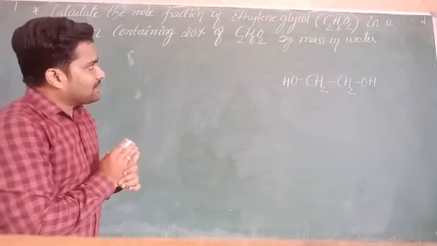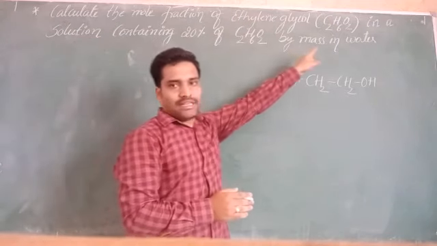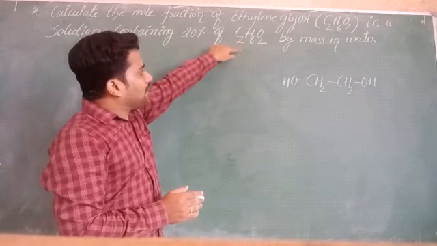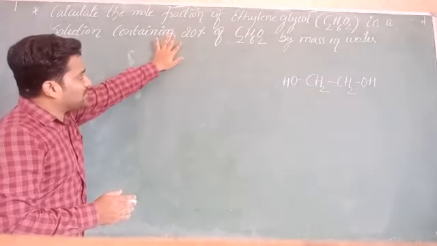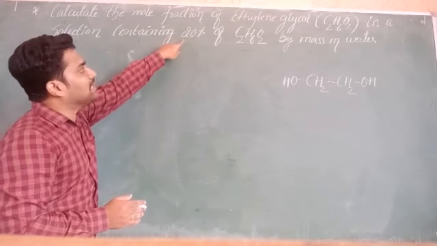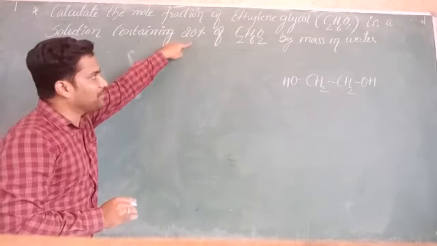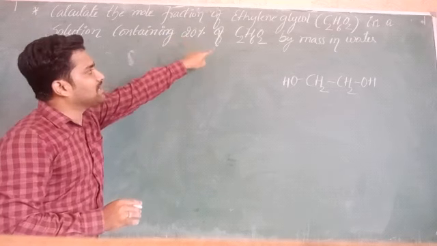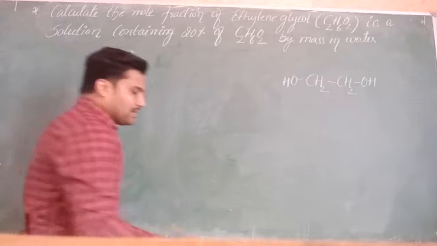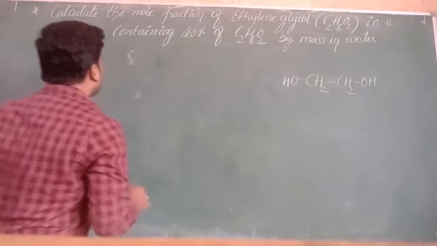They have prepared a solution of ethylene glycol in water. So here they have given the amount of substance, that means the solute dissolved in this solvent, that is 20%. They have given it in terms of percentage. Okay, so 20% of C2H6O2 is dissolved in water. So now how to calculate this?